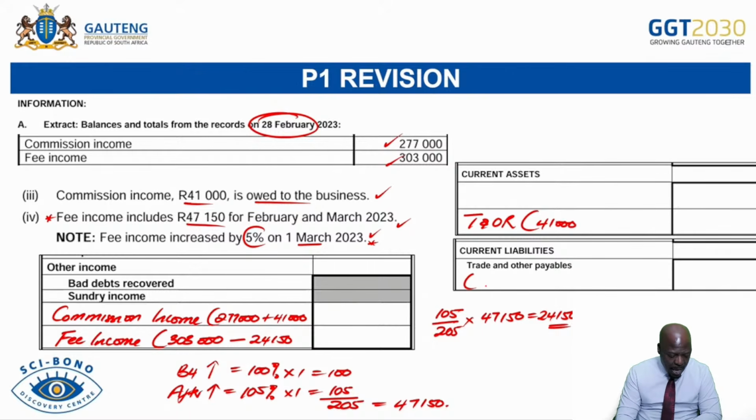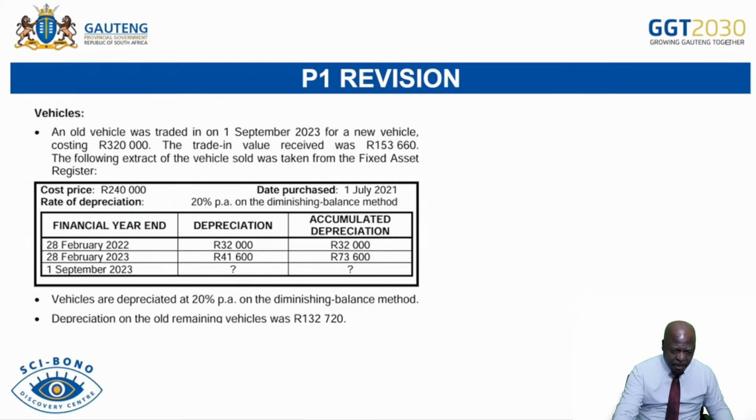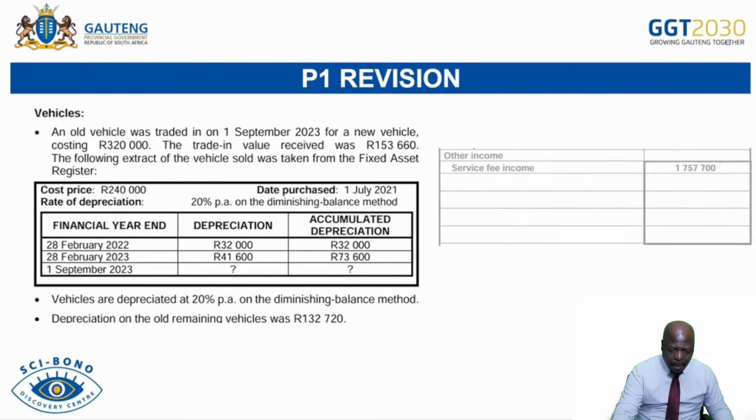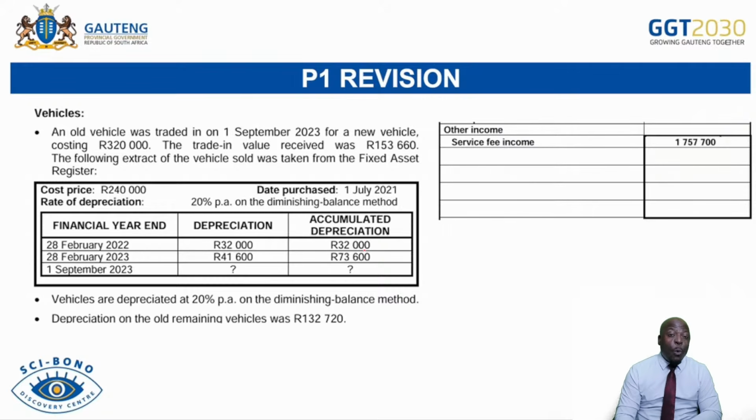So I come here and then I'm going to add, because it's income received in advance, 24,150. This is how I would have done these particular amounts. Remember, we're looking at the other income section. What other adjustments can be tested on the other income? It is when we dispose an asset and you have what we call profit on sale of an asset. Okay, let's look at this.